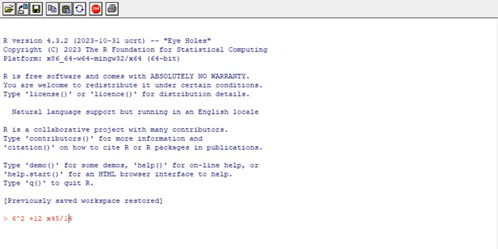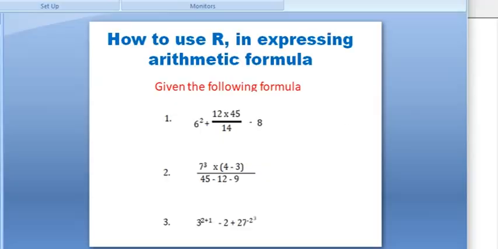This time we use an asterisk here. Asterisk represents the multiplication sign, then minus 8. So I've expressed the first equation, and it is giving us this.